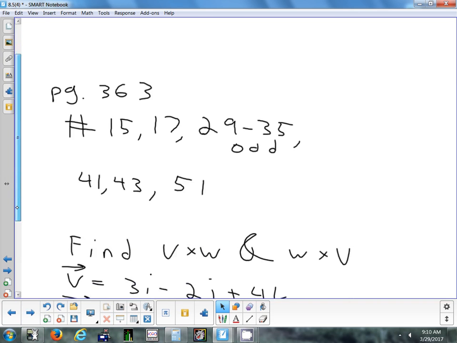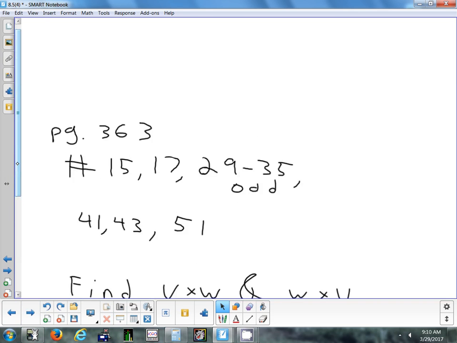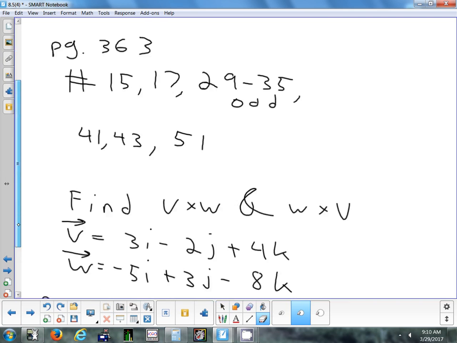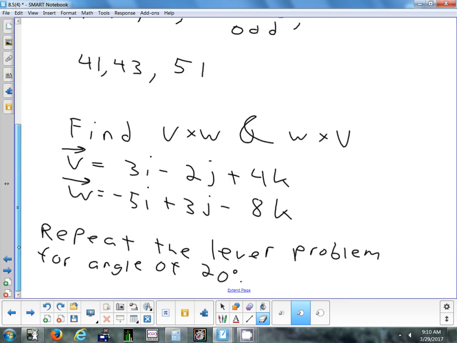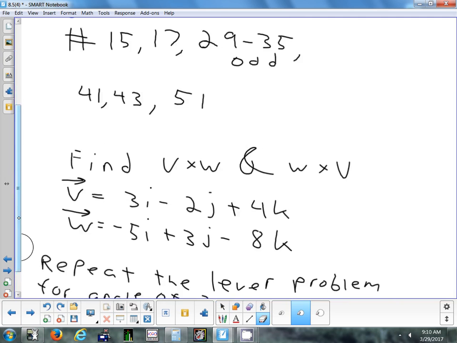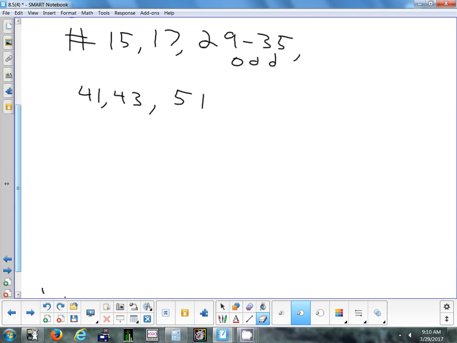All right, so for tonight, on 363, we're not doing all of that. So the cross product part and the torque problem, we can definitely skip all of that.